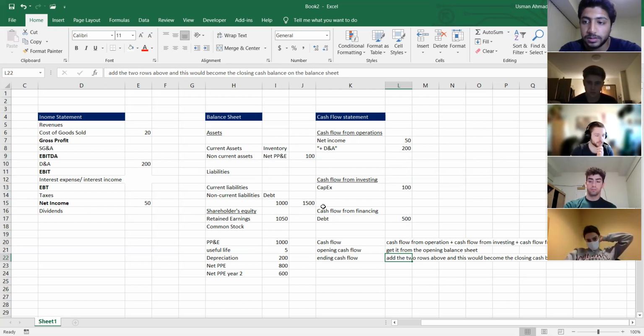And the opening cash is basically what we had from the last period. Yes, exactly. Oh, the opening cash, oh okay, it's from the balance sheet.